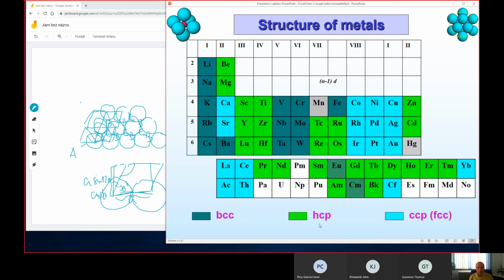It is hexagonal close packing, but with a more complex arrangement along the c direction of the hexagonal unit cell. Okay, so this is as concerns the metallic structures.